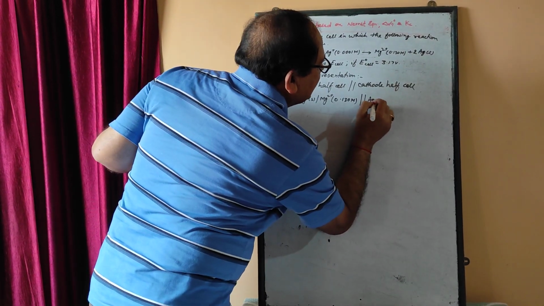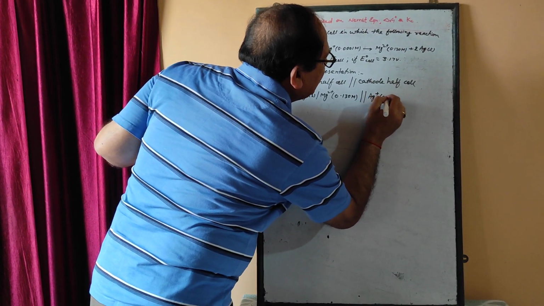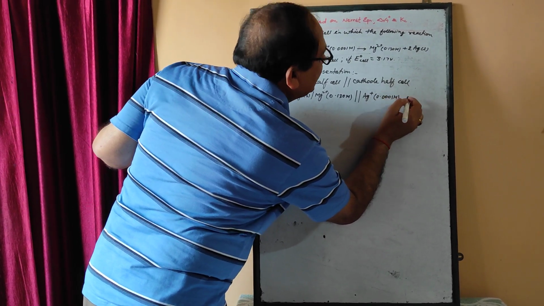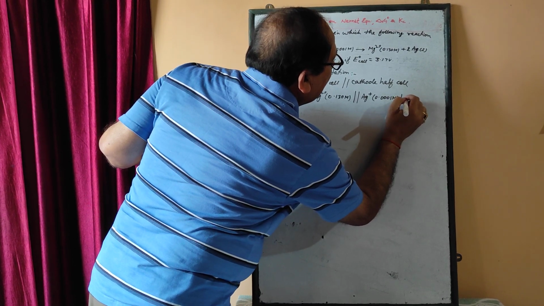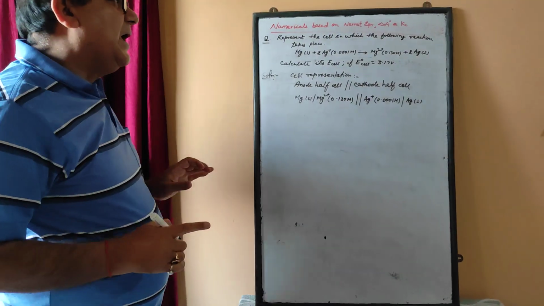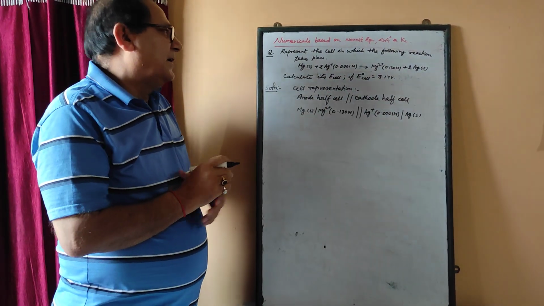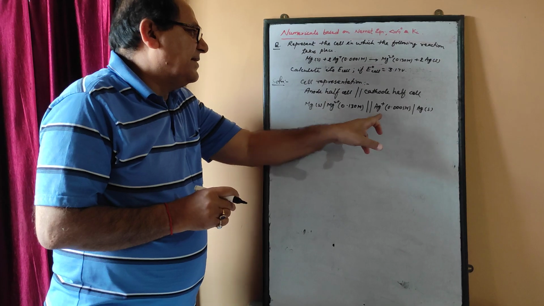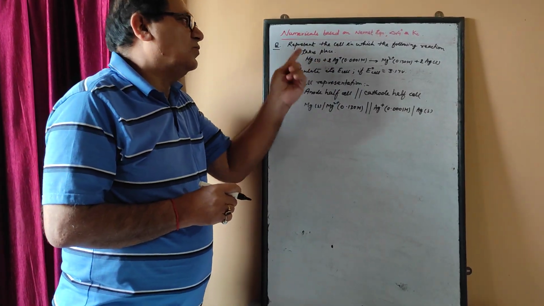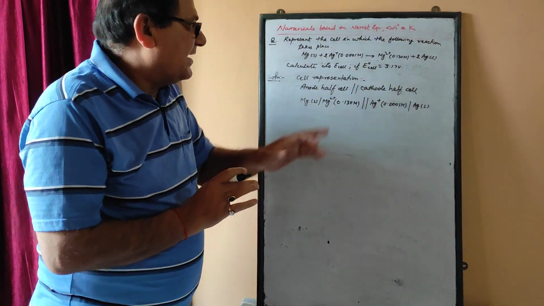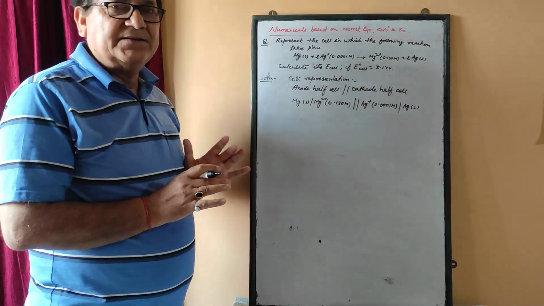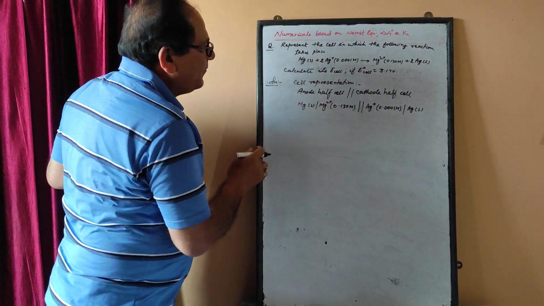So mention the Ag plus concentration, and in any problem if concentration is not given, no need to write it, only aqueous. Here 2 is not mentioned: in the cell reaction the coefficient is 2 before Ag plus, but in the cell representation 2 is not mentioned. This is the cell representation.